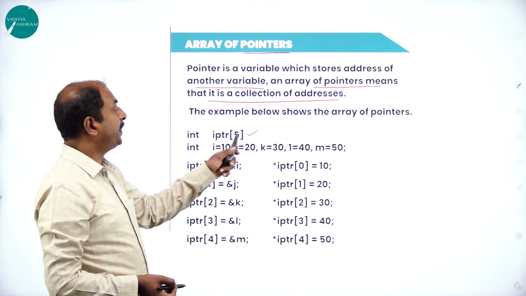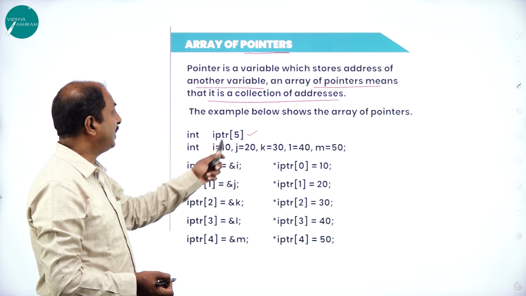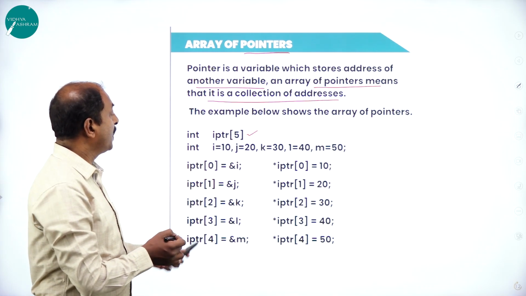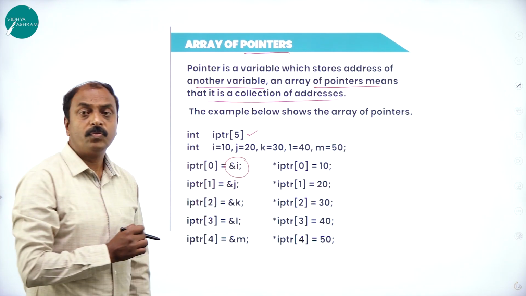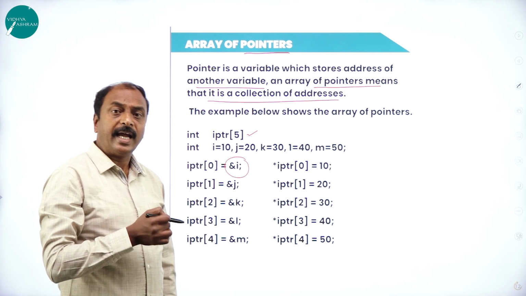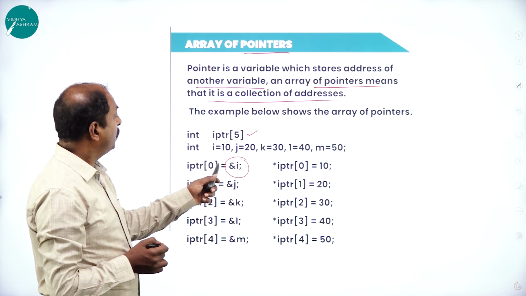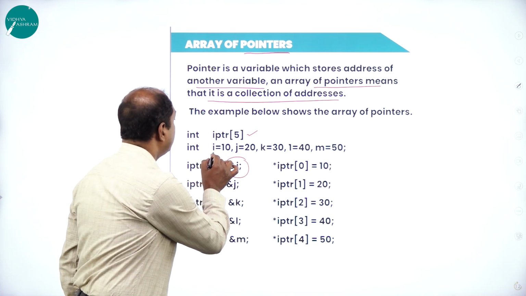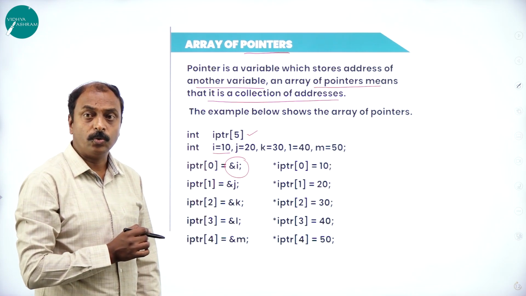Now iptr[0] means I am accessing the first element. It stores the ampersand of i. What you learned in the previous slide, ampersand stands for address of operator. So we store the address of i as the first index, that is 0.